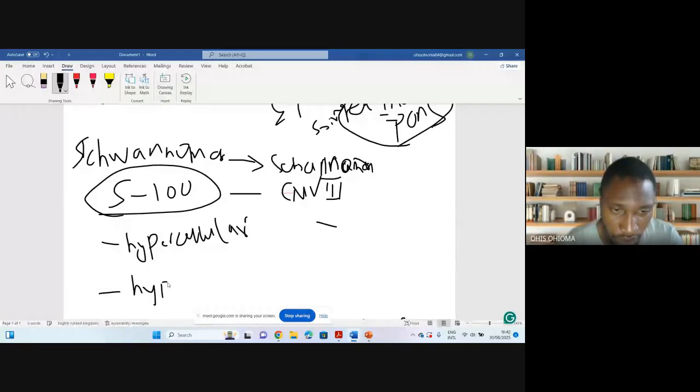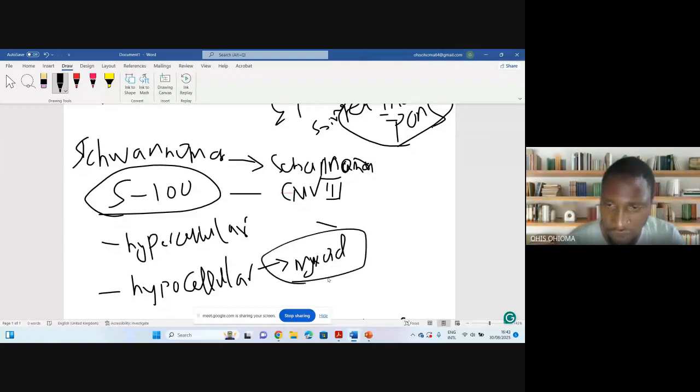And this hypocellular area tends to have what we call a myxoid material, kind of like loose connective tissue.